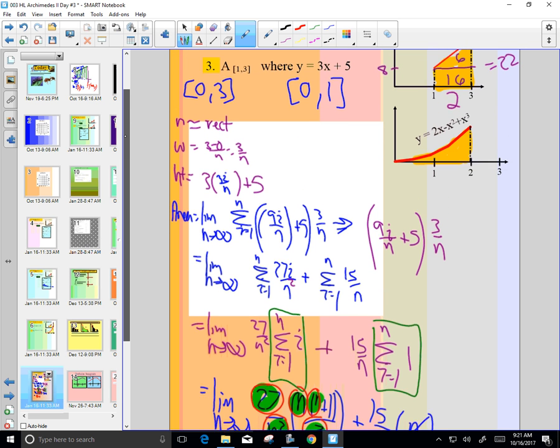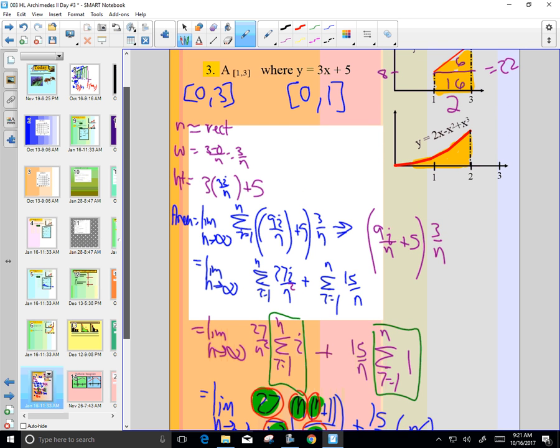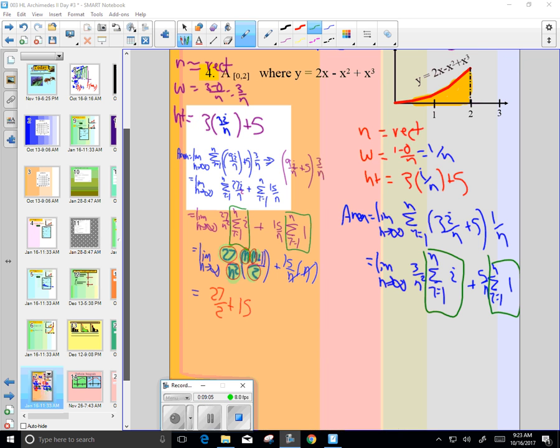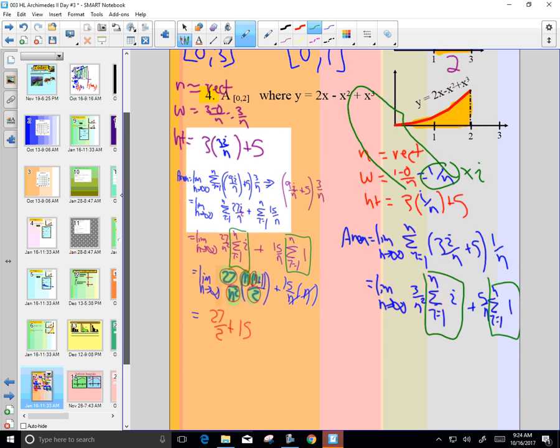And now you're going to go from 0 to 1. Go for it. The second half, we have n rectangles, width 1 over n, height 3i over n. You just take the width times I and plug it into the formula.